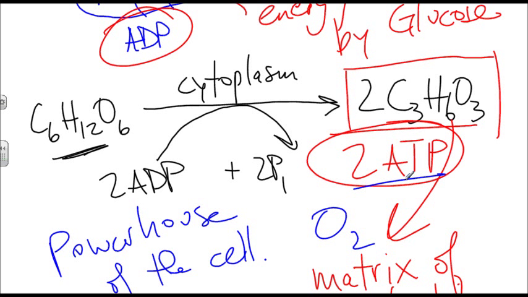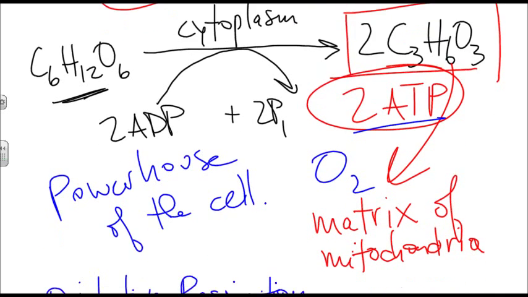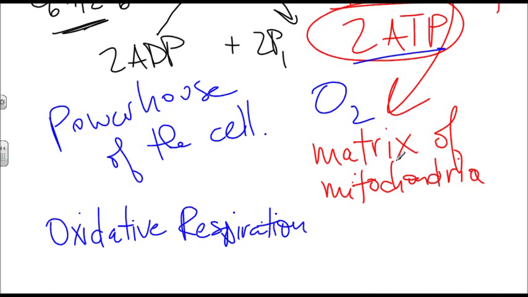Now, with continual breathing in, organisms take in oxygen and undergo what we call oxidative cellular respiration. These 2 pyruvate will enter into the matrix of the mitochondria, provided that there is oxygen present.